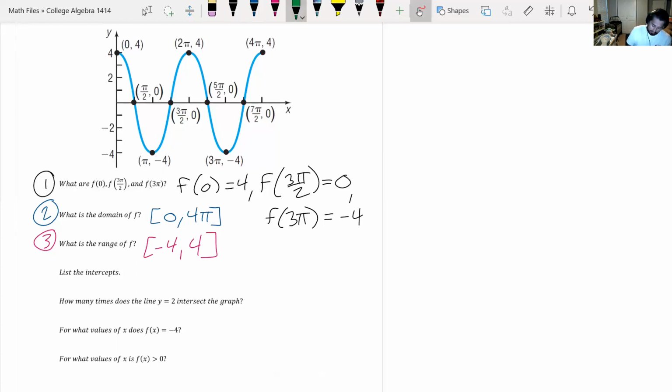Okay, and then 4. List the intercepts. All right. Well, first, let's look for x-intercepts. Remember, x-intercepts are where you intersect the x-axis, and it's where y is 0. So we have our first x-intercept there at pi over 2 and 0.